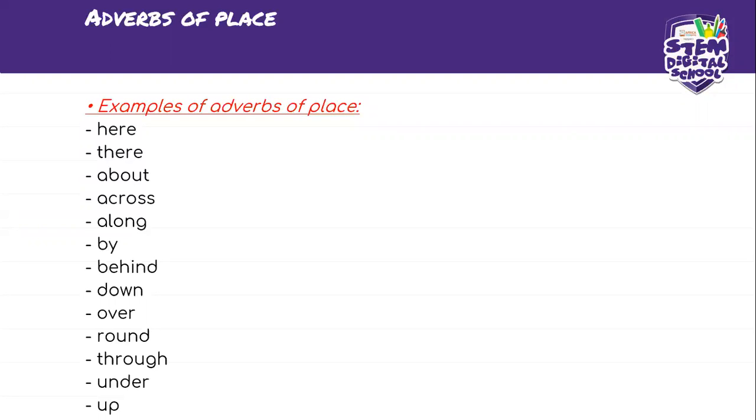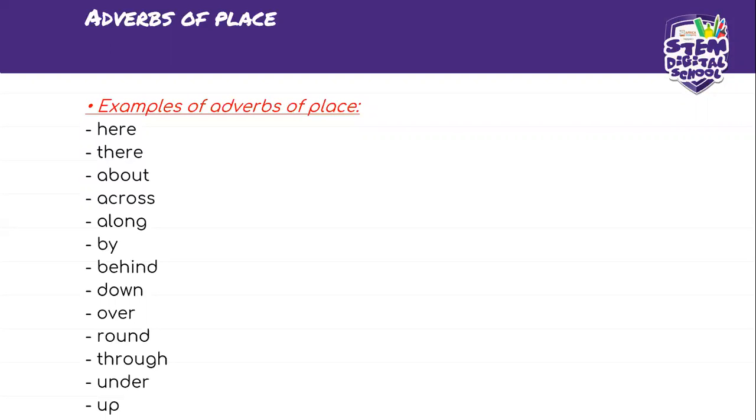Then we have behind. Sit behind me. Sit behind your chair. That is also an adverb of place. Then we have down, over. Sit down. Stand over there. So over becomes an adverb of place.